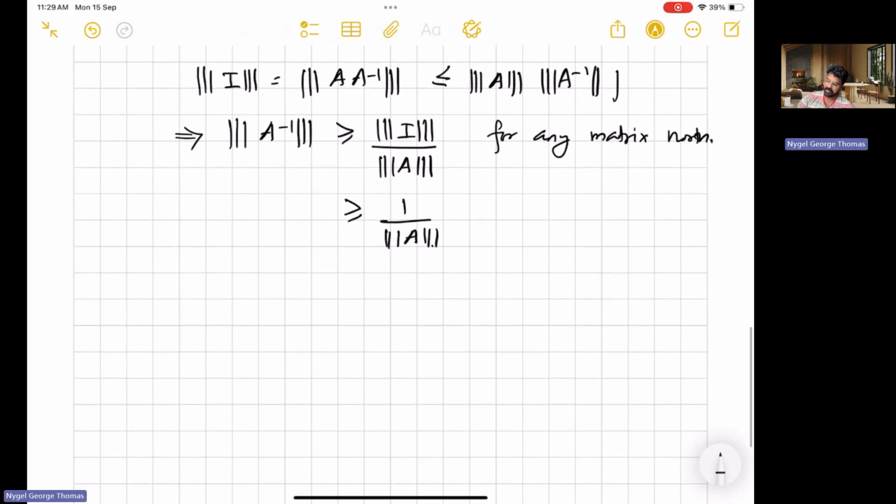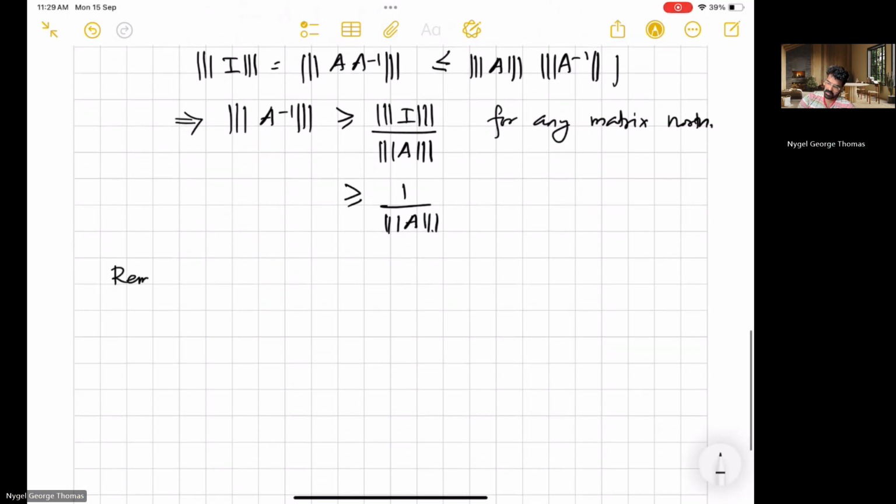Let's look at another important remark. We can find matrix norms using the ideas from vector norms.